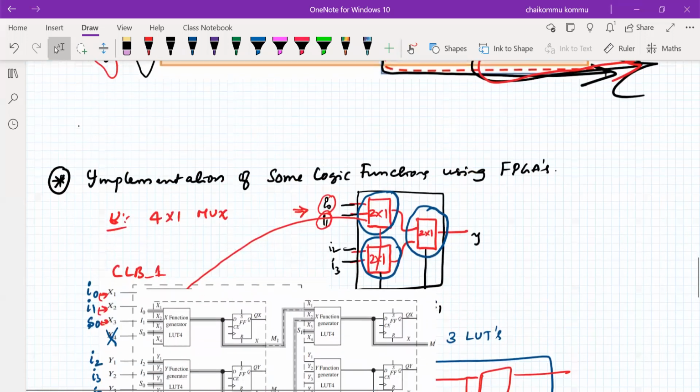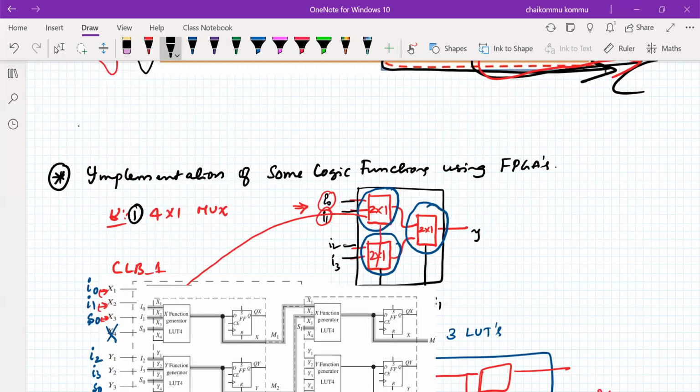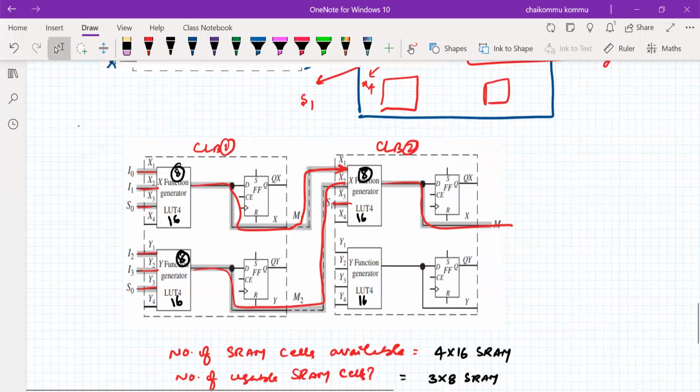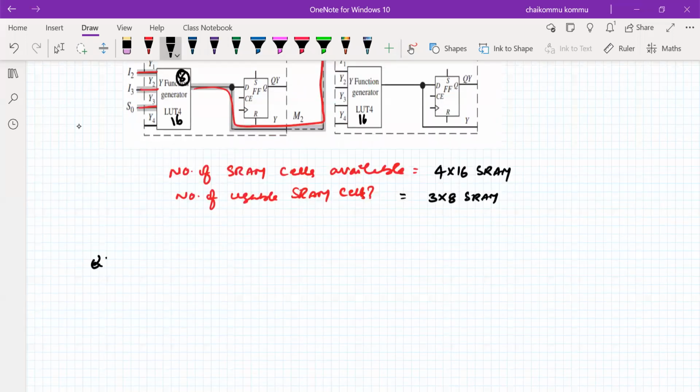So this is the 4x1 mux, let us consider. Let us take another example. Example number 2, ring counter. I want to implement a ring counter, not a ring counter, a shift register, in an FPGA.